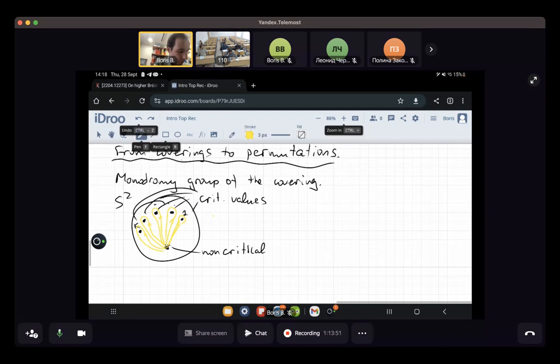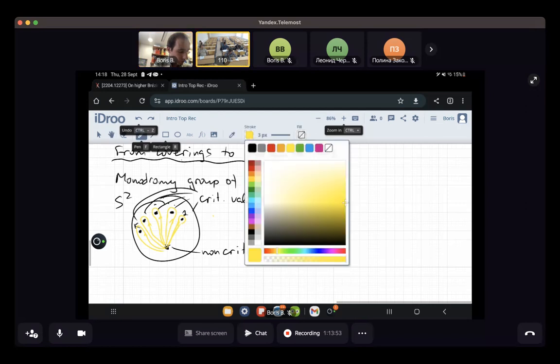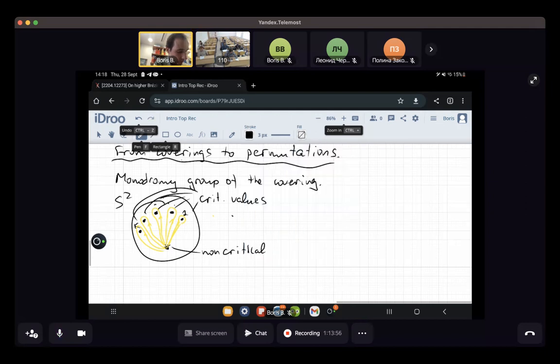Значит, еще раз, что значит, вот есть, если у меня всего k критических значений, я нарисую такие вот k петель, я посмотрю на их прообразы при нашем накрытии, и утверждается следующее, что каждая петля определяет перестановку, значит, k петель, k перестановок.